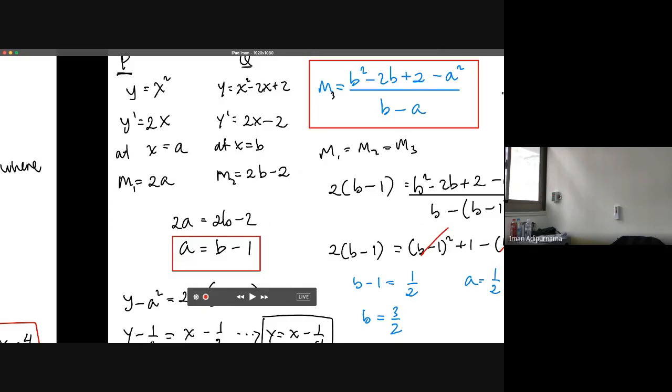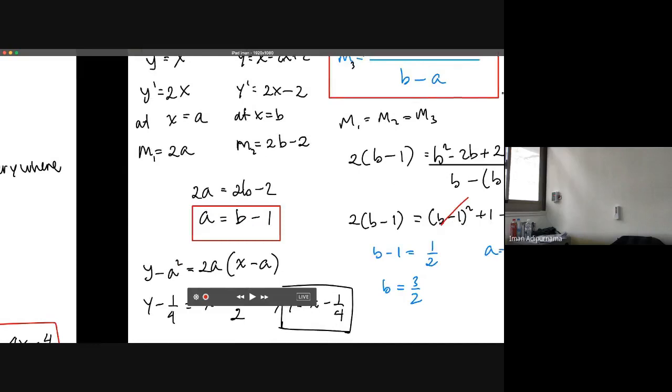So 2a is equal to this part. Solve this, get the equations. You get the b, you get the a. After you get b and a, you can plug into the solutions. So the line equation will be, a squared is your y, from x squared, so a squared equals 2a(x minus a).